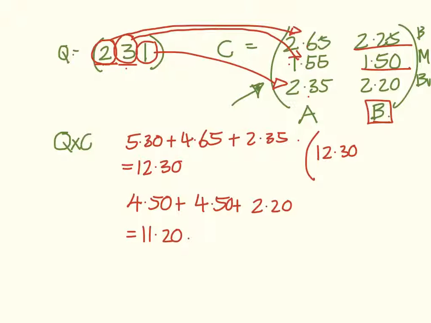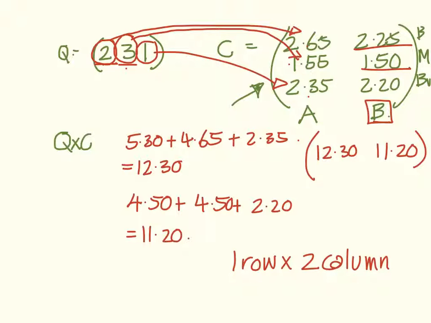So this matrix, which is Q times C, is a 1 row times 2 column matrix, and what it shows is the total cost for those items in shop A and the total cost for those items in shop B.